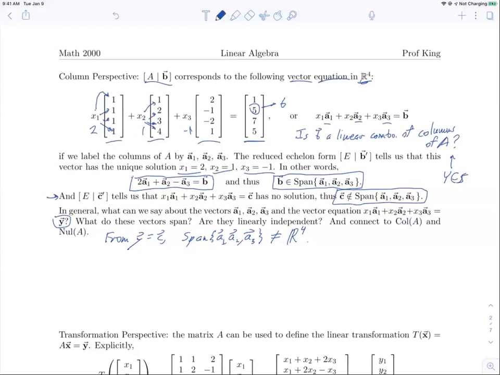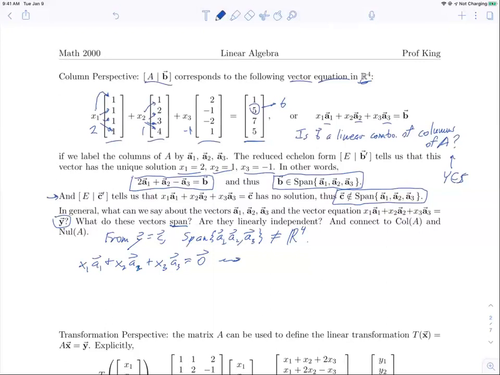Now, that's the span question. If we ask about linear independence, it comes down to whether there's some way to write one of the vectors as a linear combination of the others. We turn that around to ask: is there a way to pick non-zero coefficients to make this equation true? That is, some way to find x1, x2, and x3 so that the linear combination is 0.